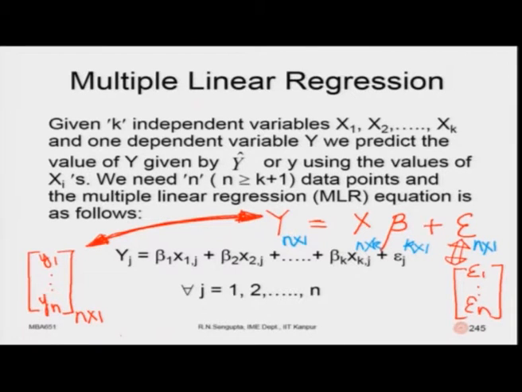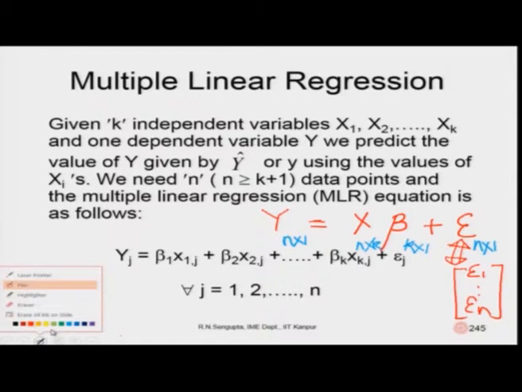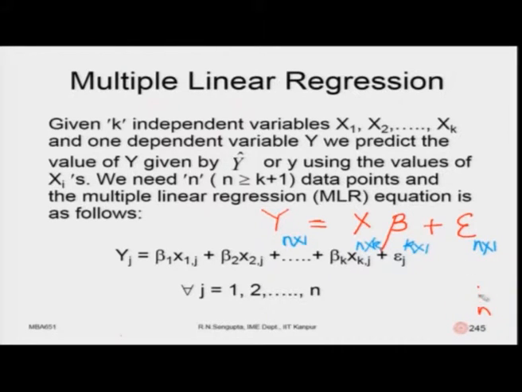Now, let us go through x and beta. Because the space is limited, I will try to erase this. y was there, so I should also erase this if I want to denote beta here. So, this is done.